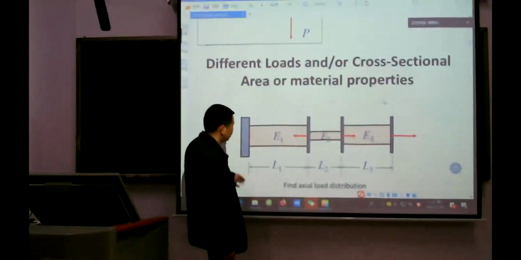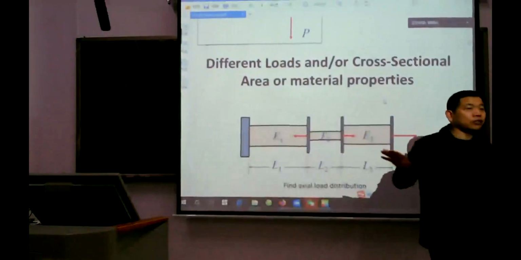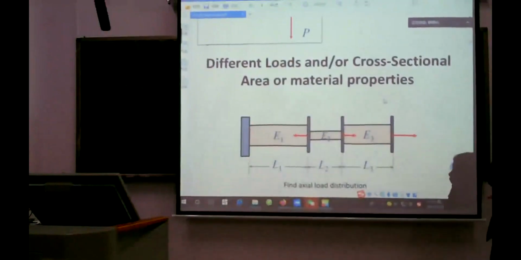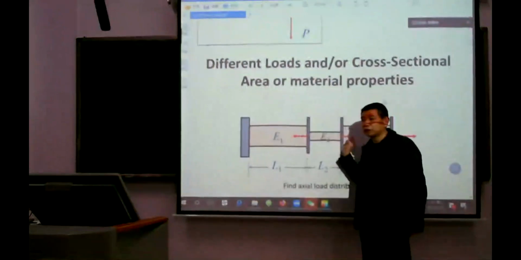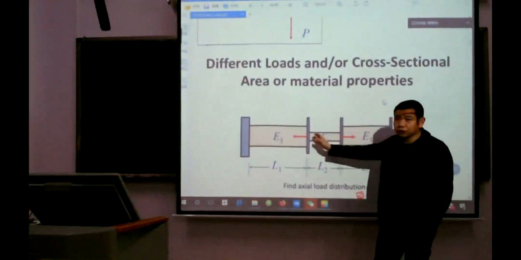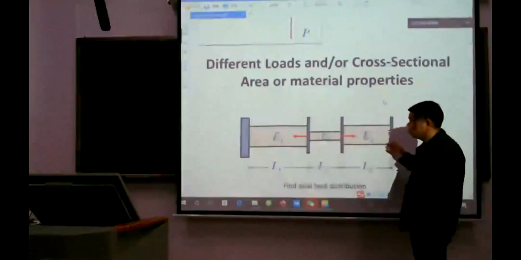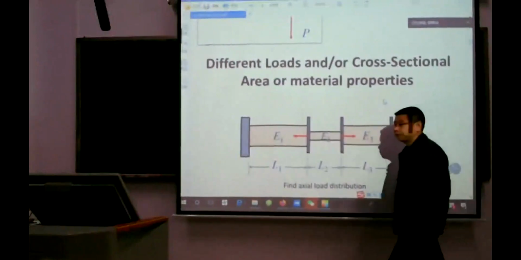But sometimes when the rod is not uniform, in different parts the normal forces are different. How to find the elongation, the deformation of the rod?